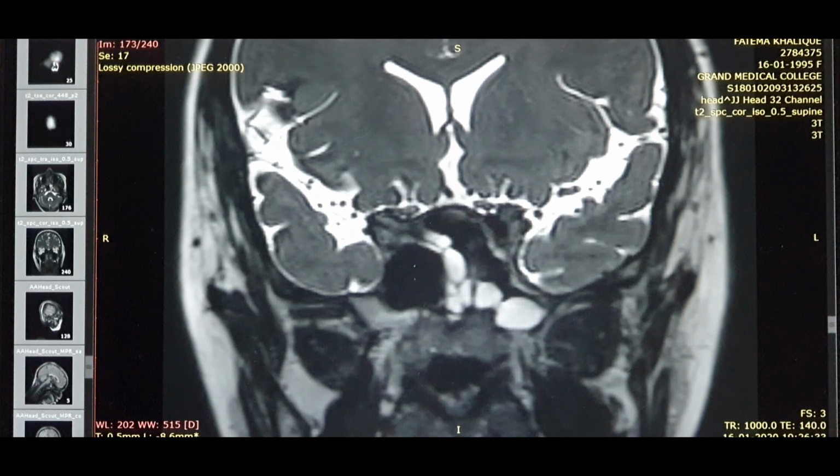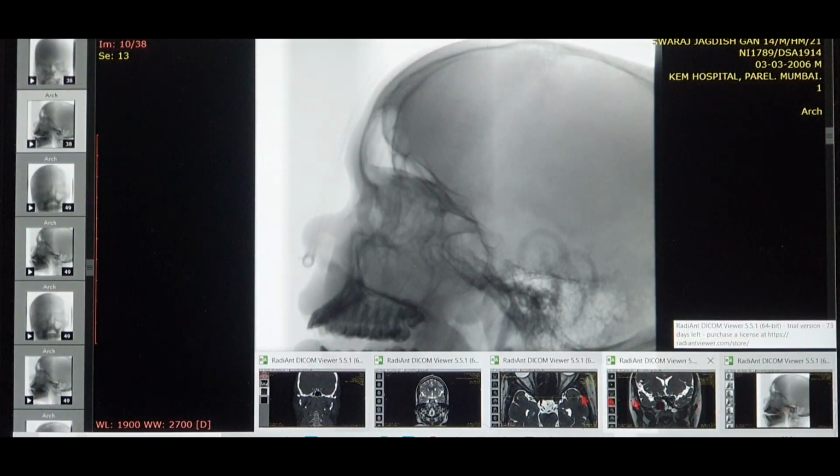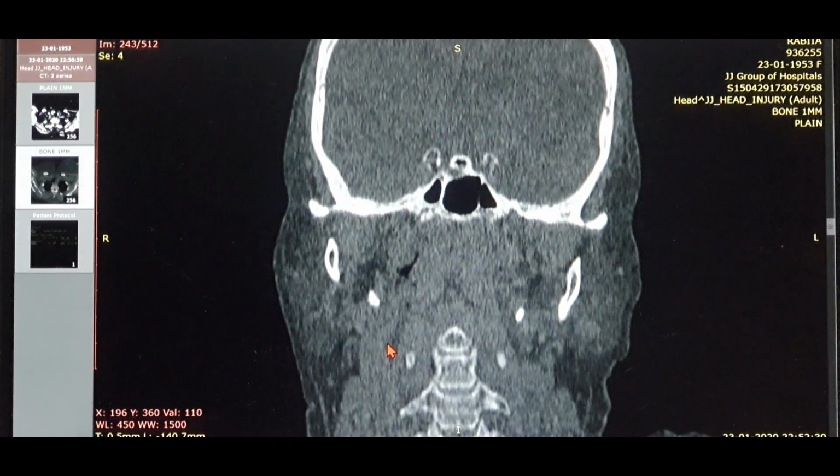Now moving on to further, this is a CT scan. Now if you order a normal CT PNS or a normal CT neck without any contrast, you are not going to visualize any artery.